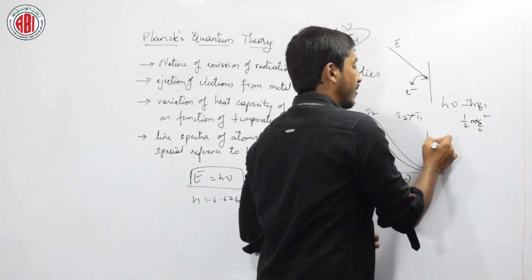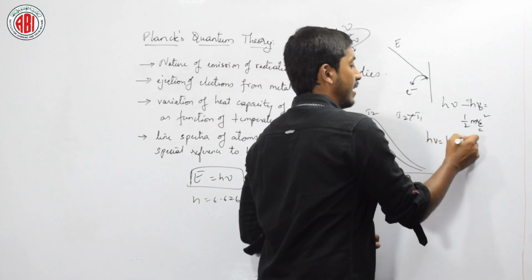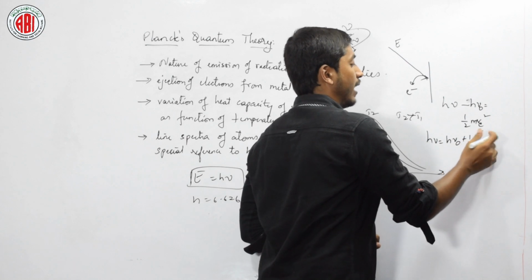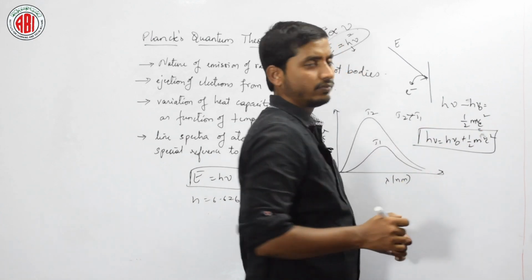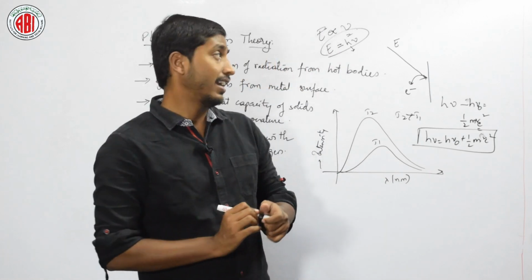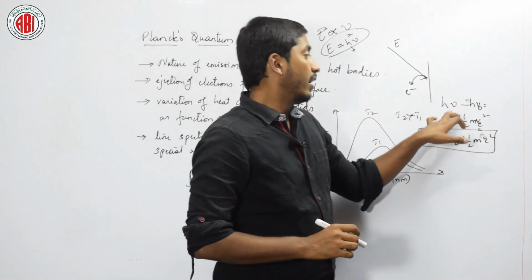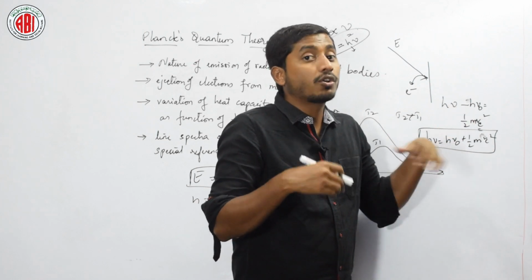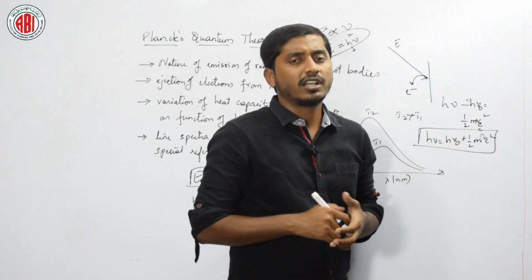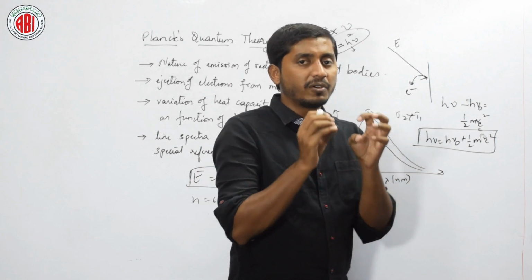Is it clear? From this, Max Planck tells that this is a kind of photoelectric effect. Once again, it initially has some h nu of energy. It should cross its threshold value. What is its threshold value? The minimum amount of energy.